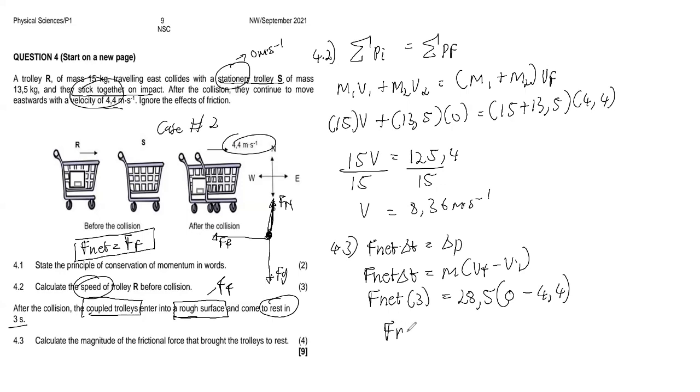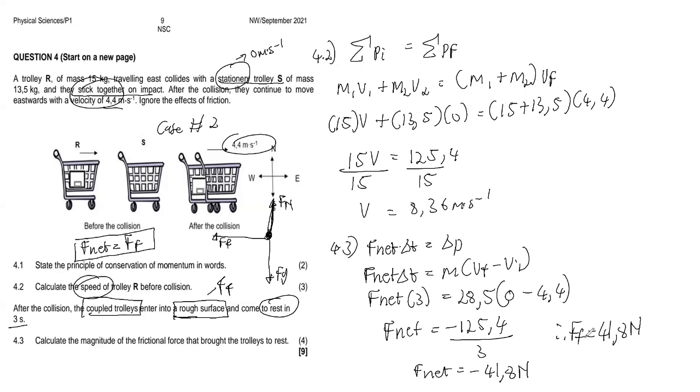Then if we calculate there, we have negative 125.4, and then we divide by this 3 here. Then our net force is equal to negative 41.8 newtons, right? But remember, we said the F net is equal to the frictional force. Therefore, the frictional force is equal to 41.8 newtons, right?